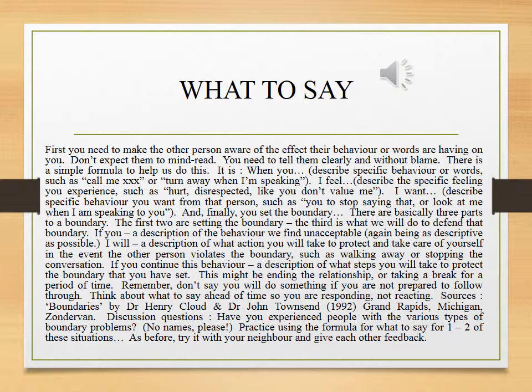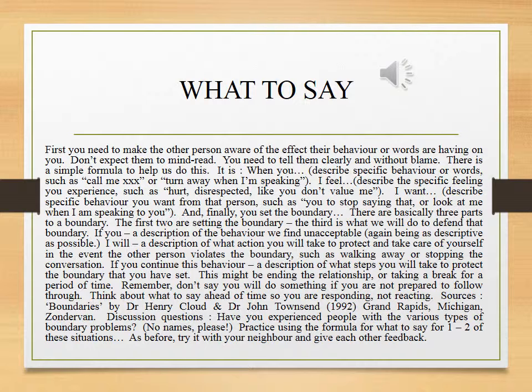It is when you describe specific behavior or words, such as call me XXX, or turn away when I'm speaking. I feel. Describe the specific feeling you experience, such as hurt, disrespected, like you don't value me.